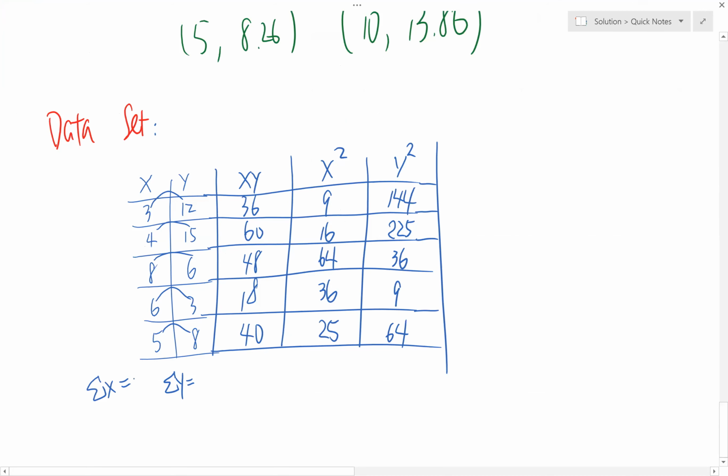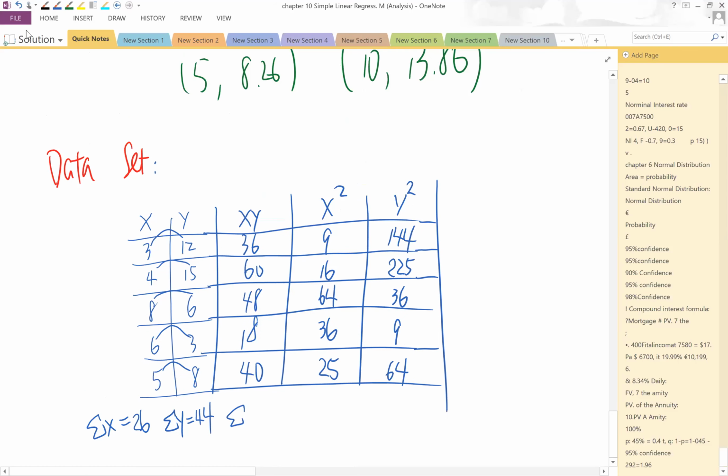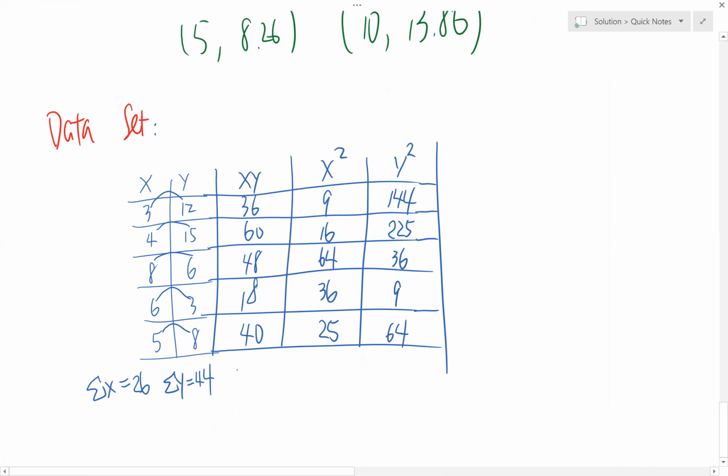26, that's the total of x, 44, total of y, total of xy is 207.